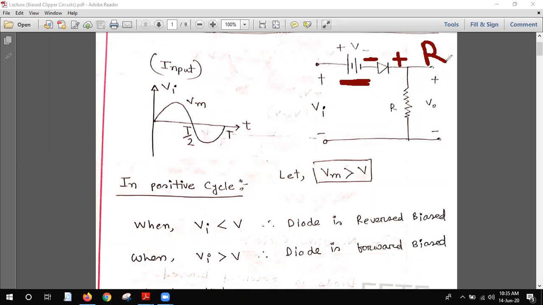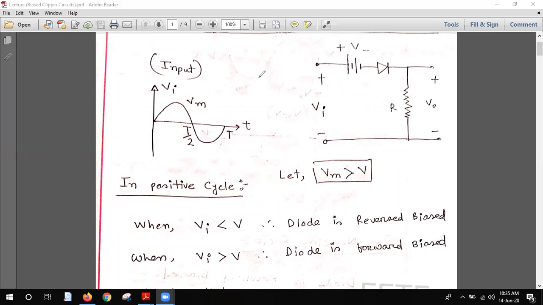So the main thing is that we need to find that out. Still we are working in the positive cycle. We didn't see the negative cycle. We are still in the positive cycle, and the main thing happened. So we need to find out at first when it is forward biased and when it is reverse biased.